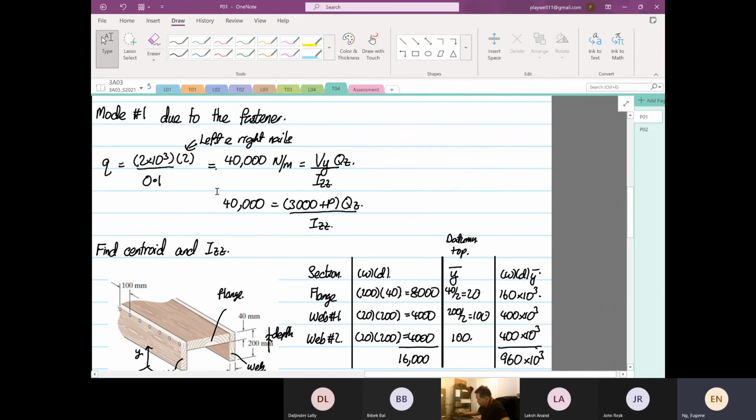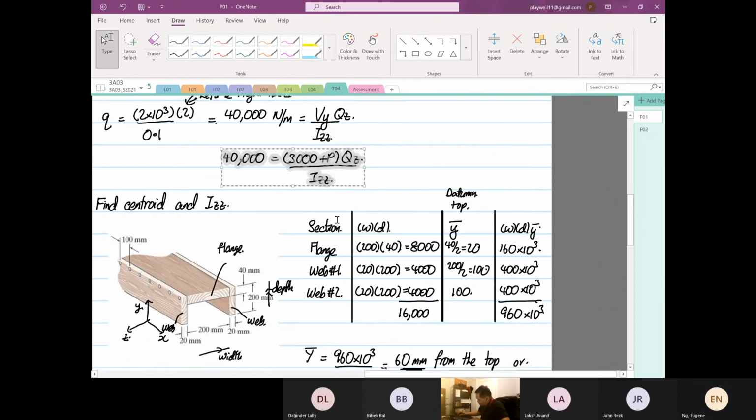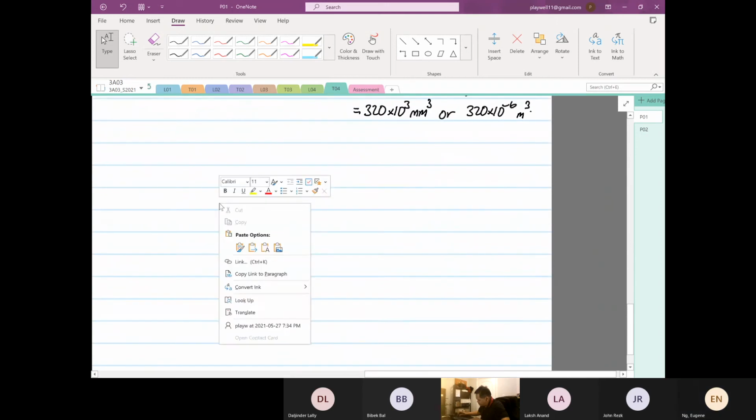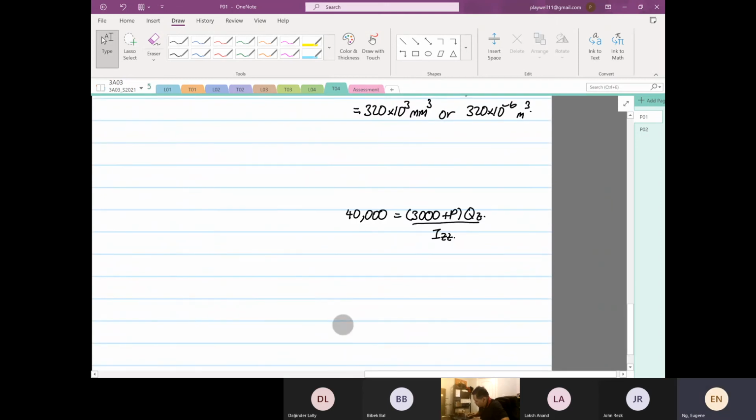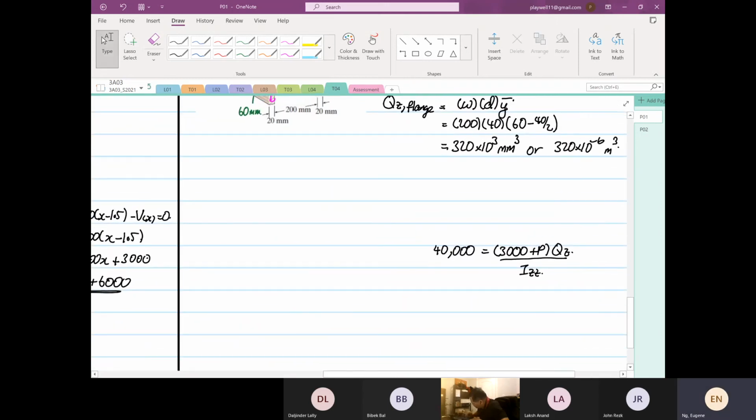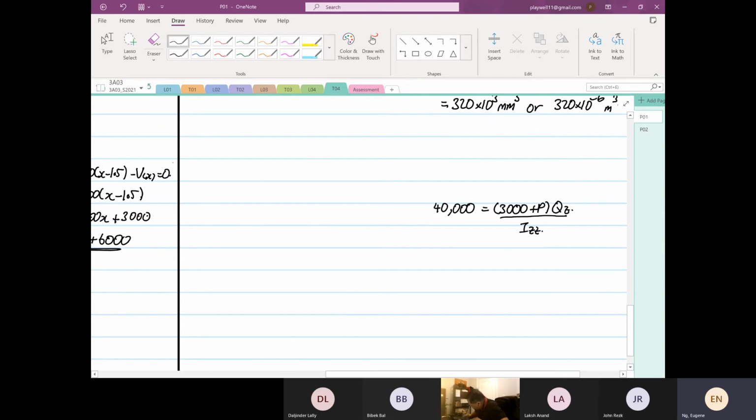Now we just need to substitute into this formula over here. Okay. So I'm going to copy and paste. All right. So all we need to do is put 40,000 equal to 3,000 plus P, right?